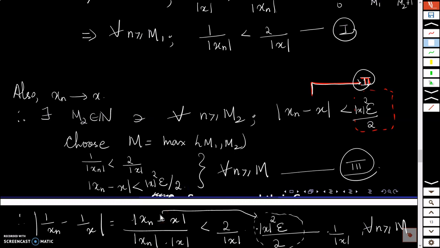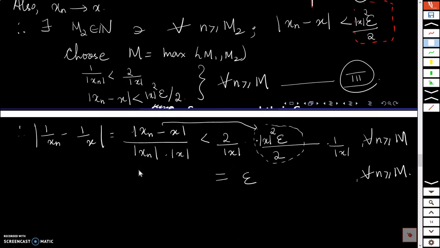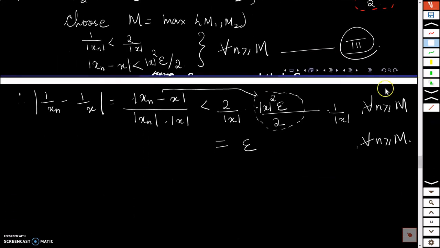Right? So finally what we have done is, we have found a natural number capital M such that modulus of 1 by xn minus 1 by x is less than epsilon for all natural numbers greater than or equal to capital M. So you can put that down.